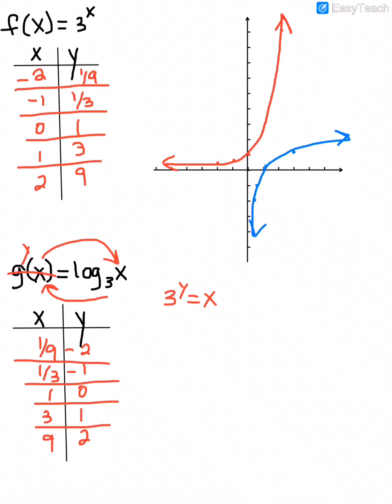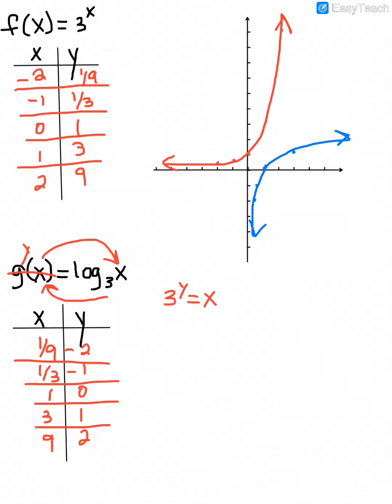So if we talk about just the logarithmic function, which is the blue part of the graph, if you'll notice the domain, which is our x values, it has a vertical asymptote at 0. The y-axis is the vertical asymptote, so it doesn't cross the y-axis. If you'll notice, it gets really close to the y-axis, but it doesn't cross it.